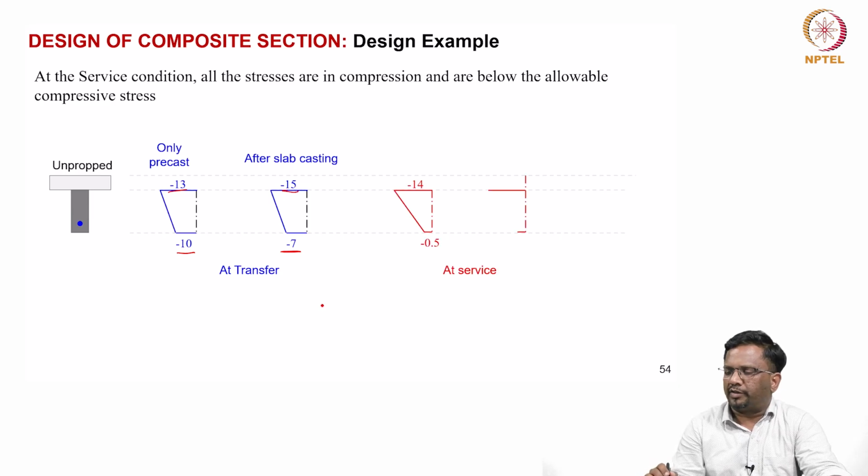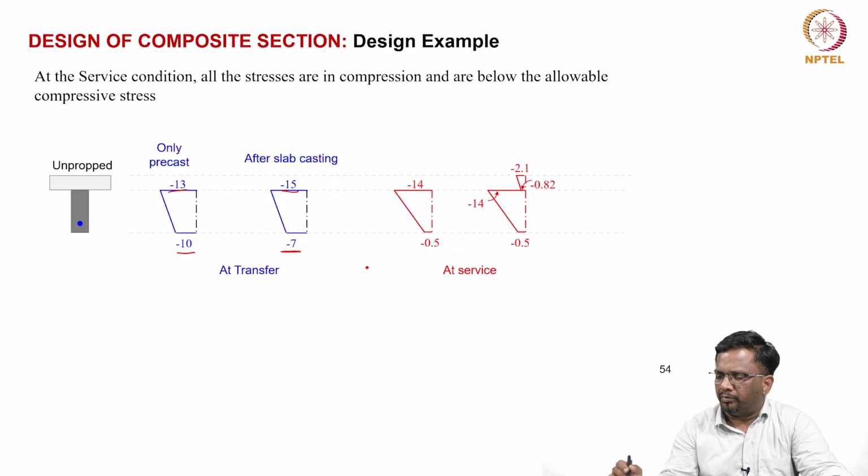Now, at service, if you look at it, this is for the slab casting, and then this is for the service load where we are going to put some finishing load, and then you have stresses that are coming -2.1 and -0.82, -0.5 and -14. There is a discontinuity because of the live load.